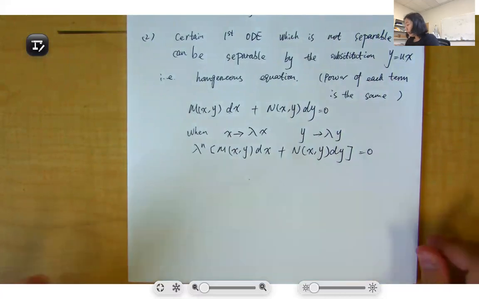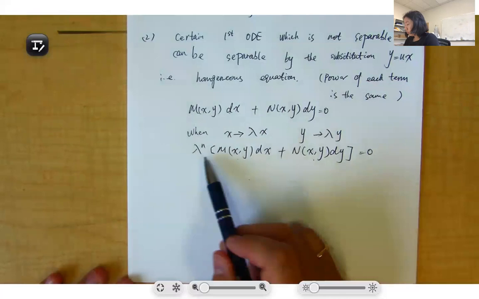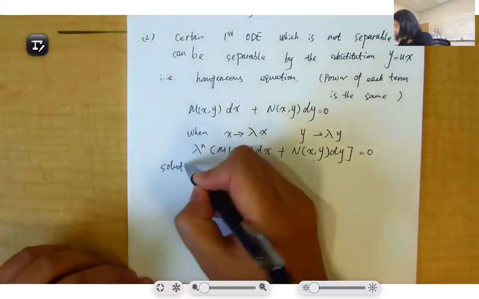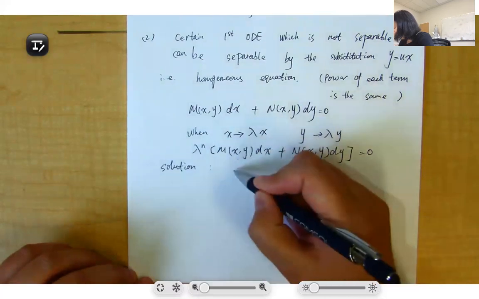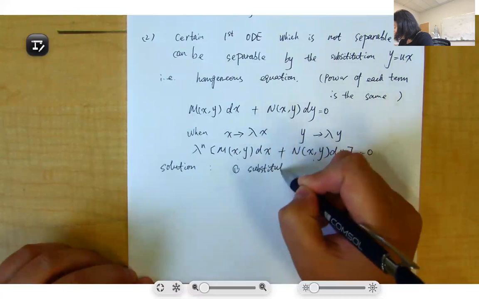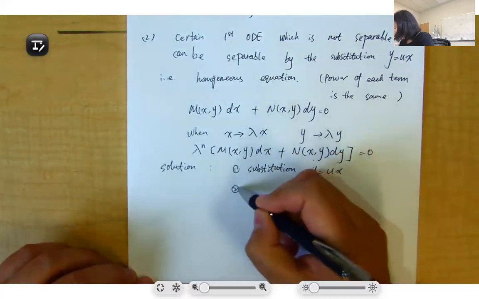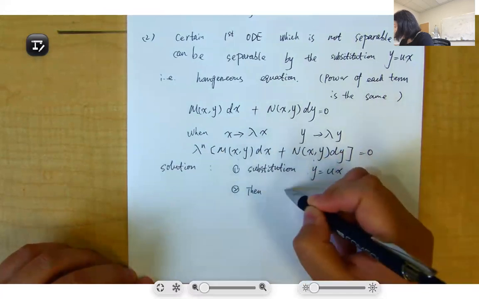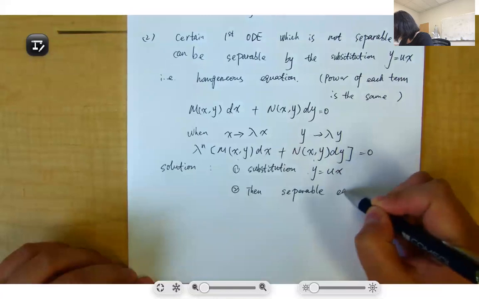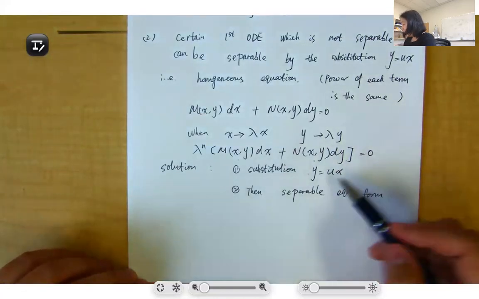If we can write it in that form, which means each term has the same power, lambda to the n, then the solution can use first the substitution y equals ux, and the equation will be transformed to a separable equation form between u and x.